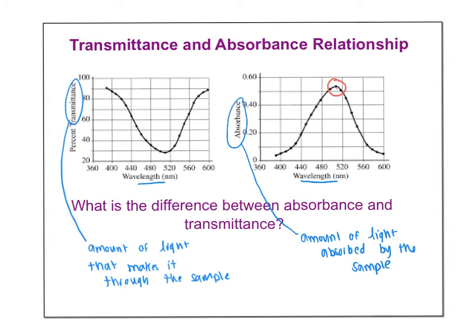So we would set it probably between 480 and 520, or minimum transmittance, because we want a lot of light to be absorbed and not a lot of light to make it through for our Beer's law calculations to be effective.